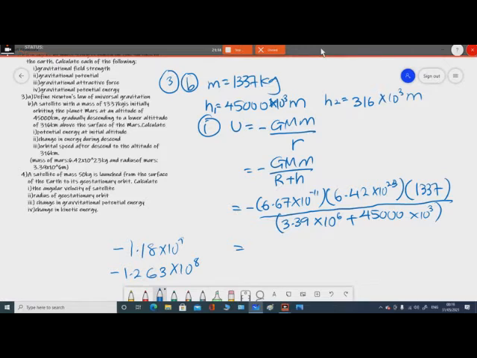Okay, so initial altitude, yes, 6.42 times 10 to the power of 23, 1337 for the mass of the satellites. Okay, let me check whether there is typing error. So 3.39 times 10 to the power of 6.